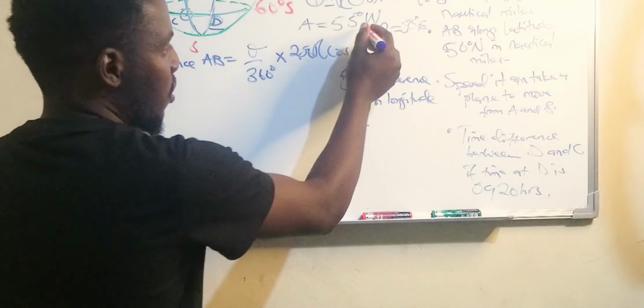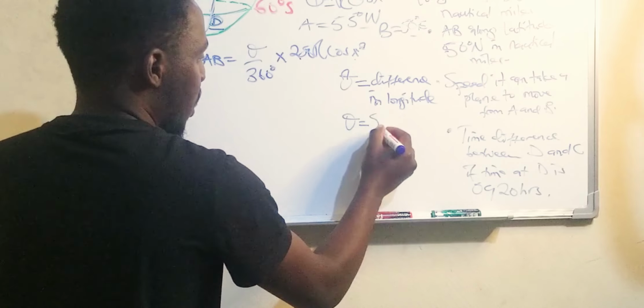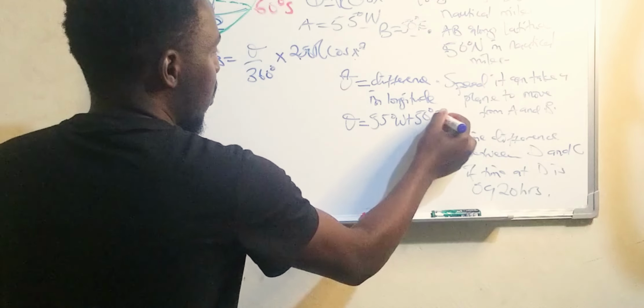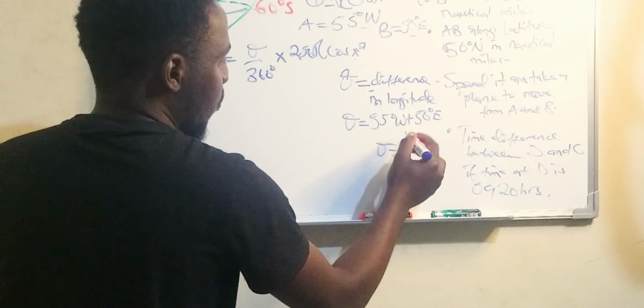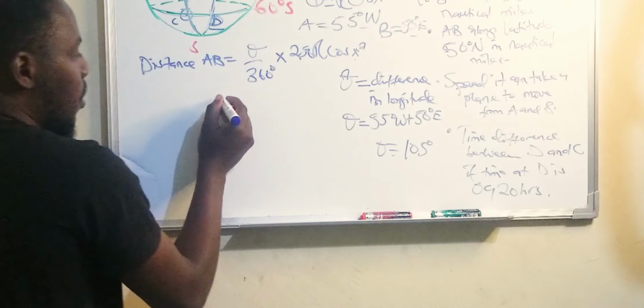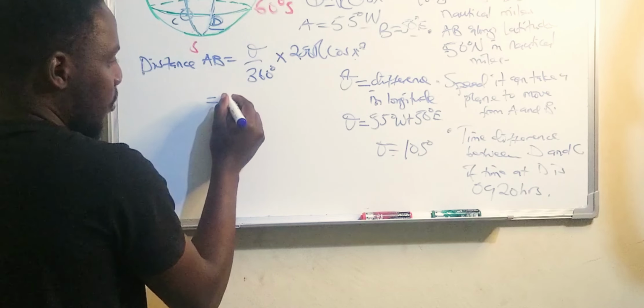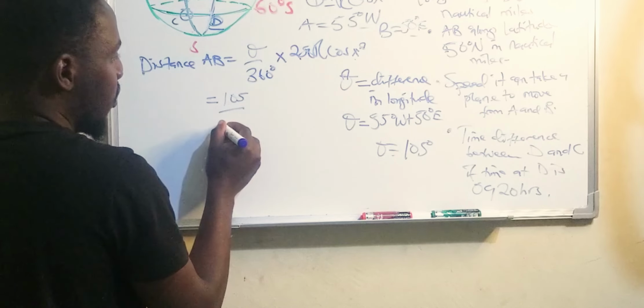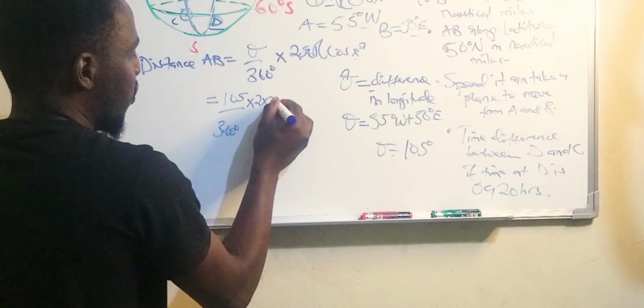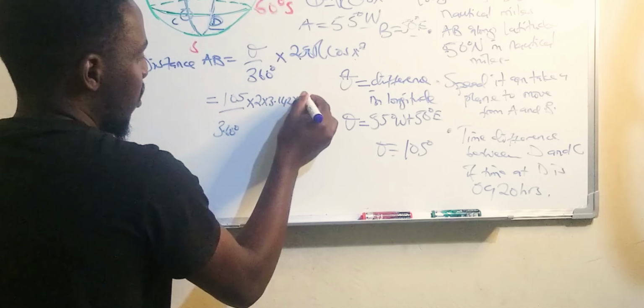In this case, they are on different sides, west and east. So you add 55 degrees west plus 50 degrees east. You have theta is equal to 105 degrees.